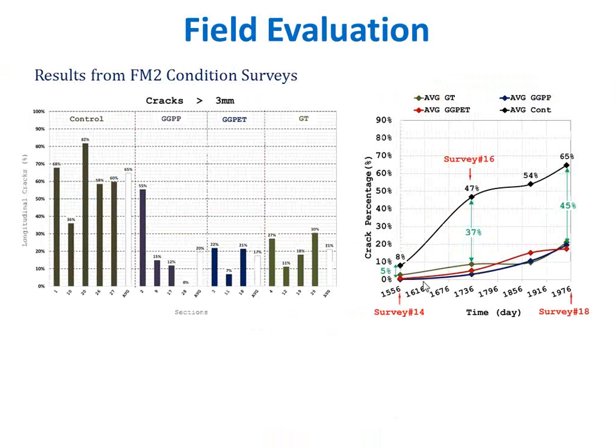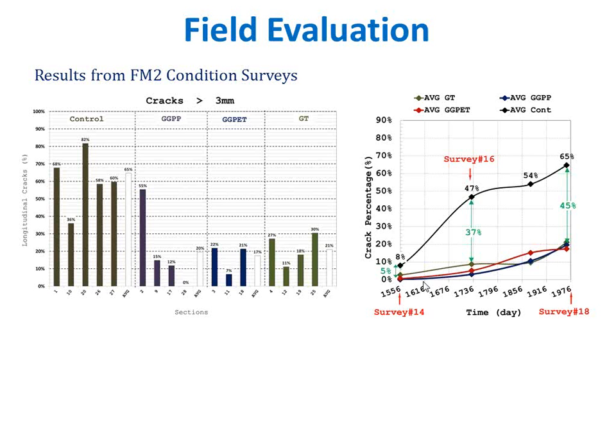Essentially, what this means is that if you have 30% longitudinal cracks, that means that 30% of the length of the road, if you put every crack one after the other, has longitudinal cracks wider than 3 millimeters. That was our basis for performance evaluation. And this is our control section.